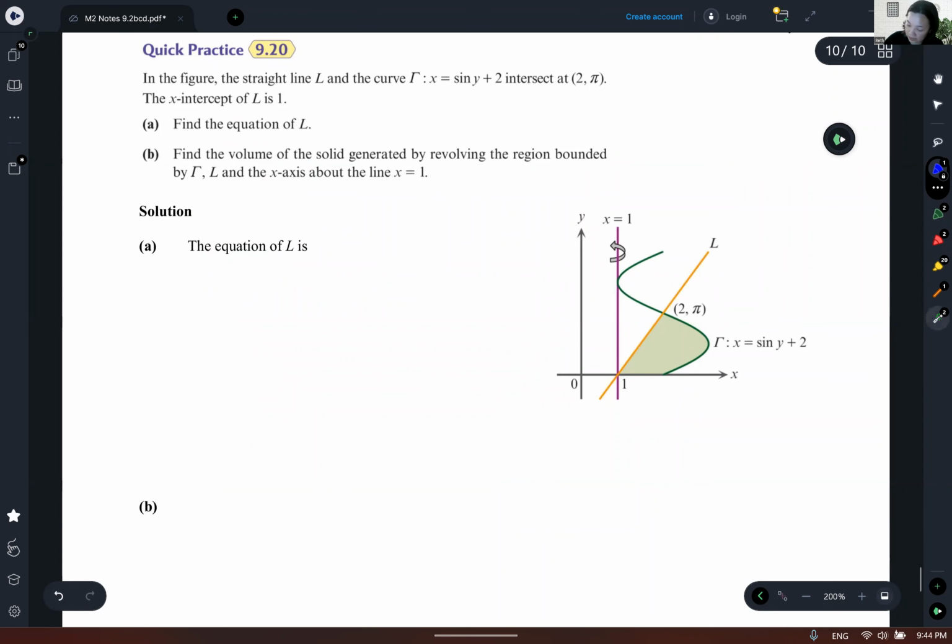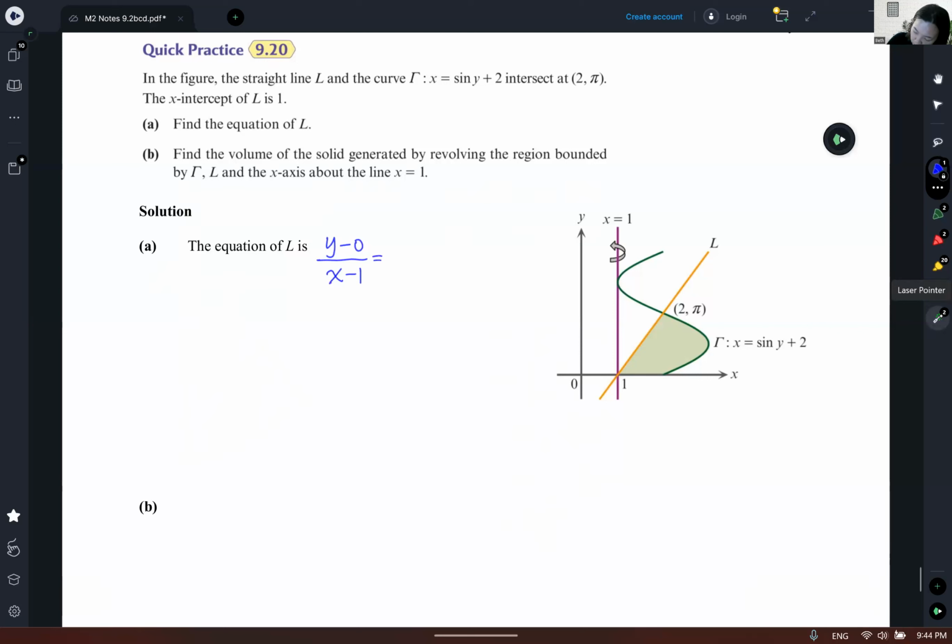The equation of L is (y minus 0) divided by (x minus 1) equals (π minus 0) over (2 minus 1). That means y over x minus 1 equals π over 1.